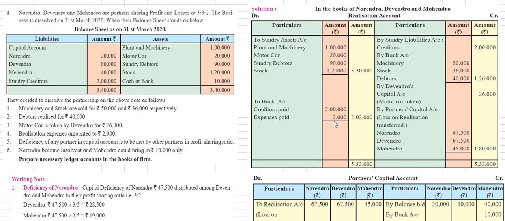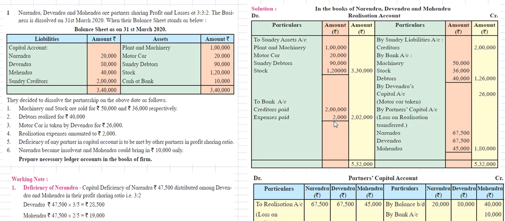They decided to dissolve the partnership on the above date as follows. When they are dissolving the partnership firm, they have to pay the liabilities. How will they pay the liabilities?